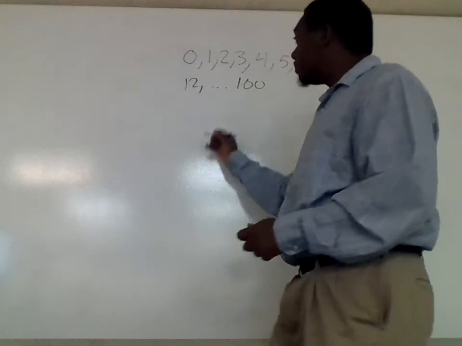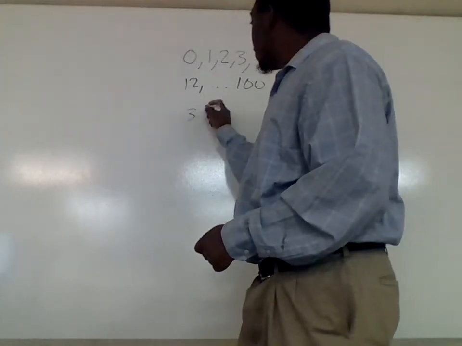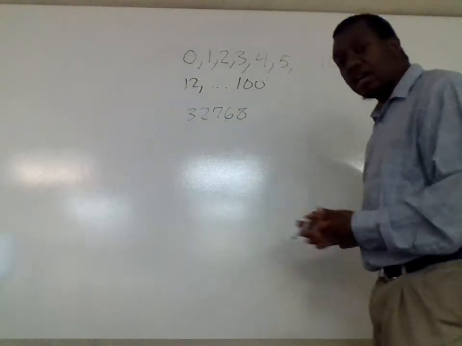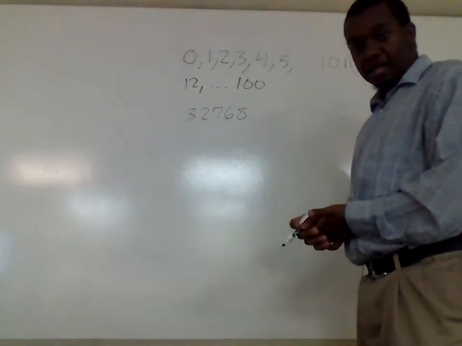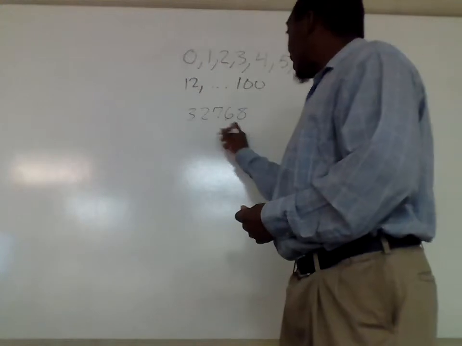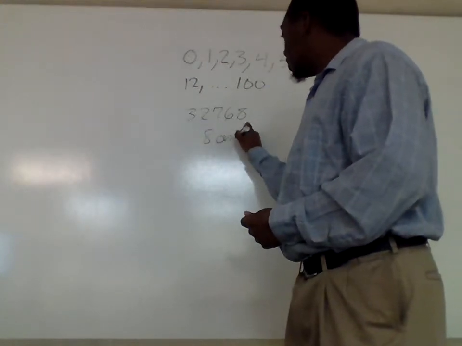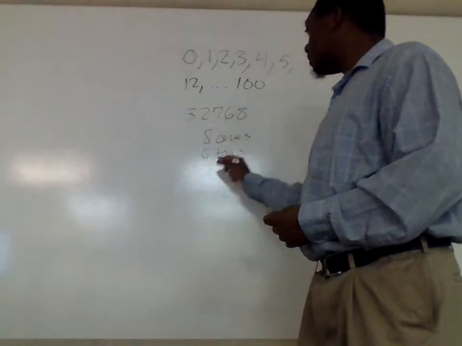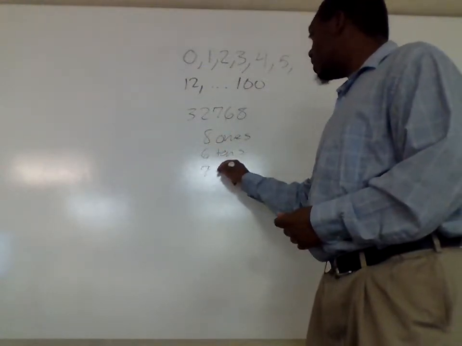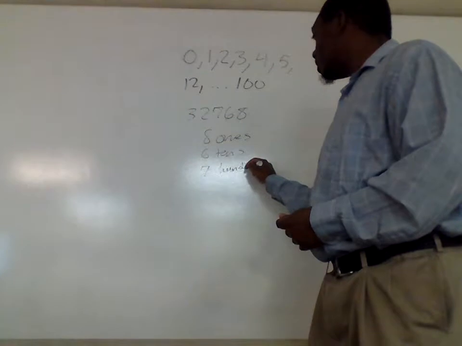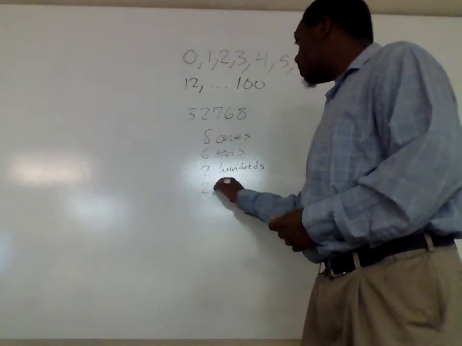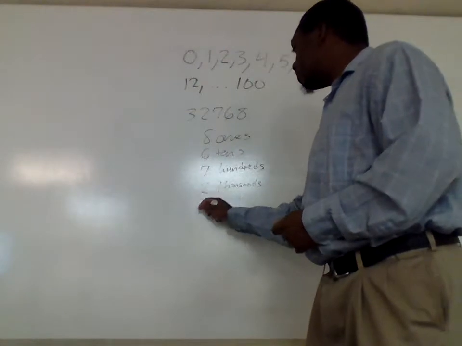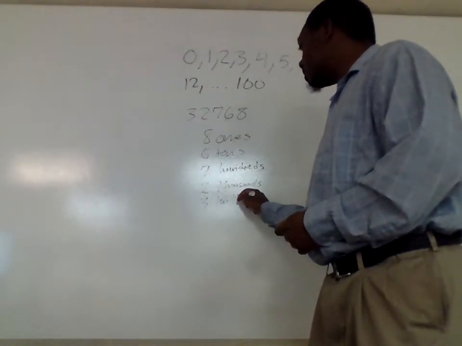For example, the number 32,768 has 8 ones, it has 6 tens, it has 7 hundreds, it has 2 thousands, and it has 3 10,000s.